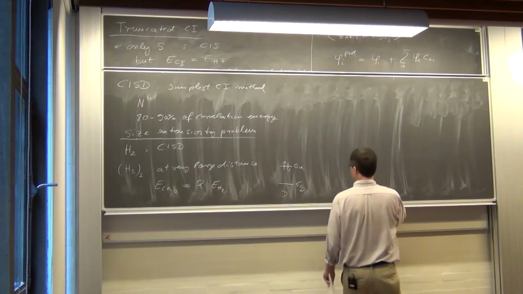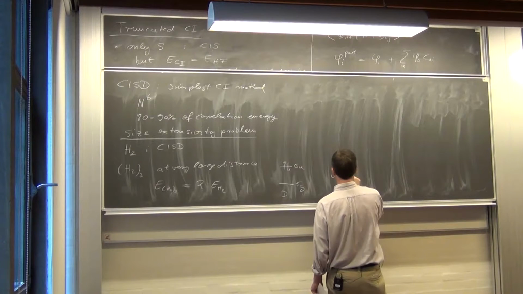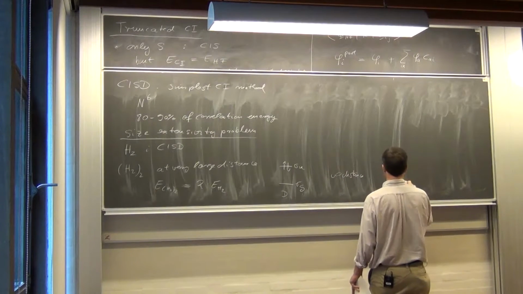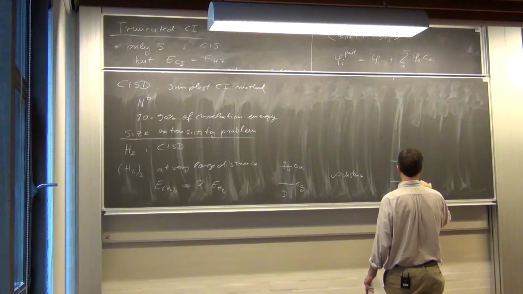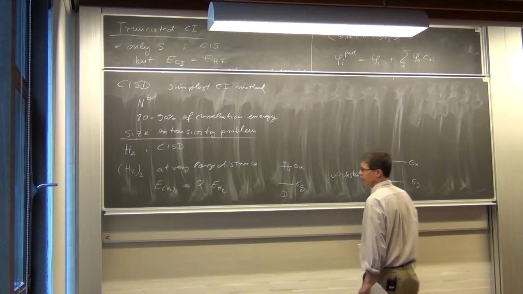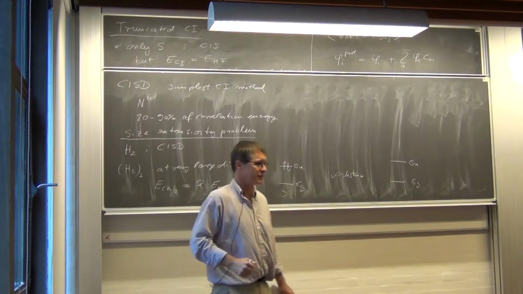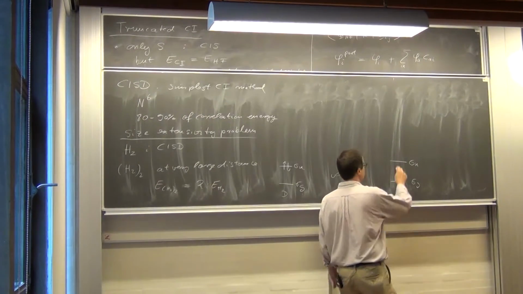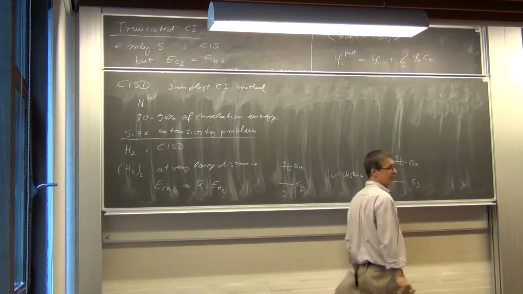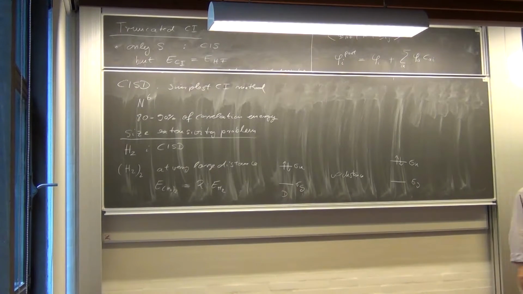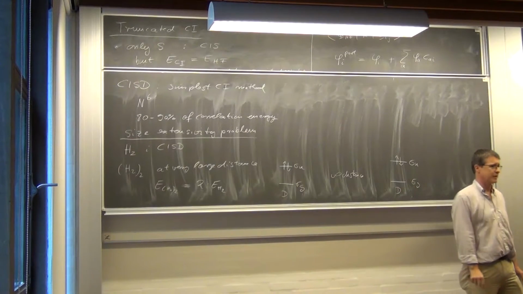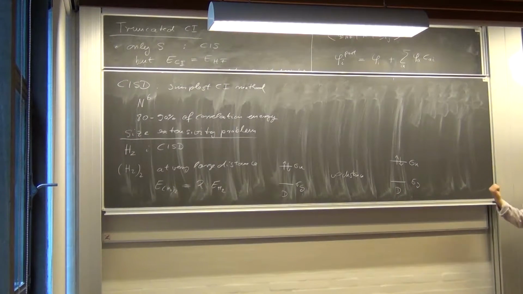Now, there's infinite distance between them, and I have the other H2. In order to get twice the energy, of course the other H2 molecule also should be allowed to have its double excited determinant included in the calculation.